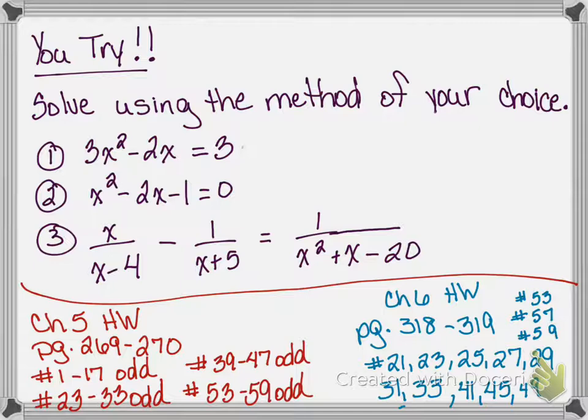We're not going to have a ton of time for you to try these. I want you to take two minutes, and I want you to think about how you would solve these. The red at the bottom left is Chapter 5 homework. The blue at the bottom right is Chapter 6 homework. It's also in Canvas, but be sure you have those.